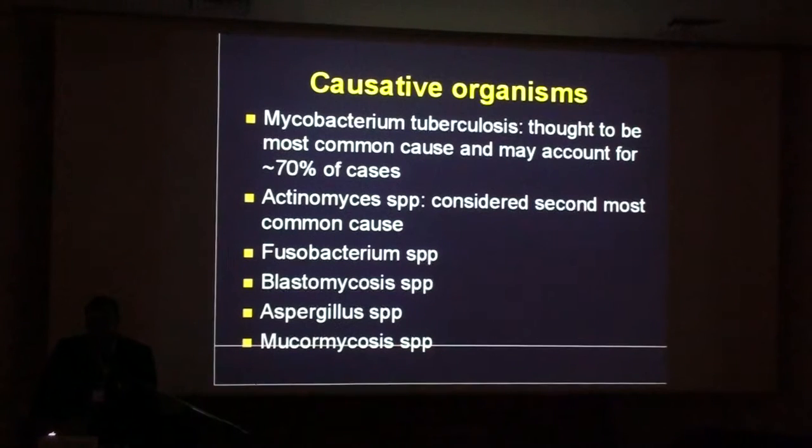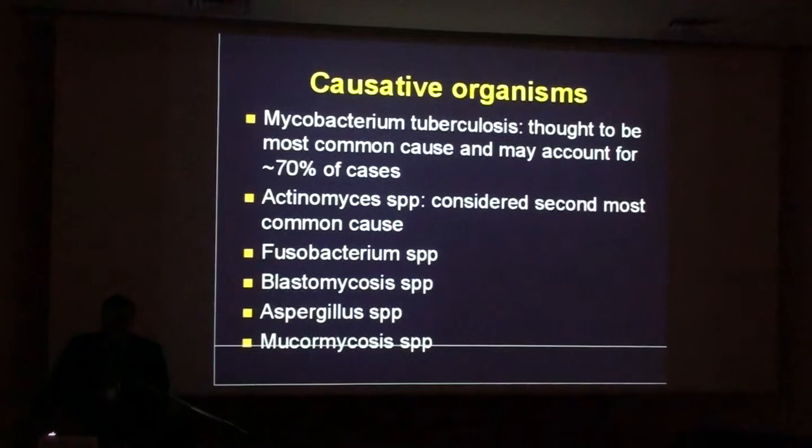And the bacterial causes such as actinomycosis are considered the second most common cause. Fusobacterium, those bacteria we should consider in patients with bad dentition, alcoholic patients, and patients who are mildly immunocompromised.